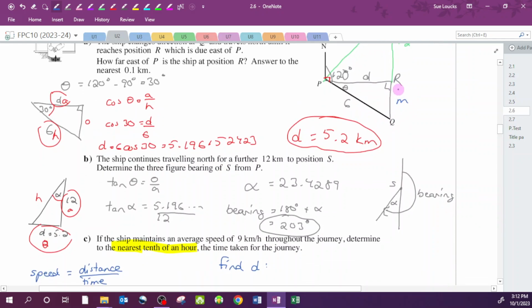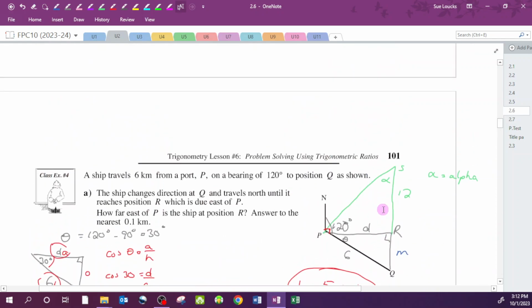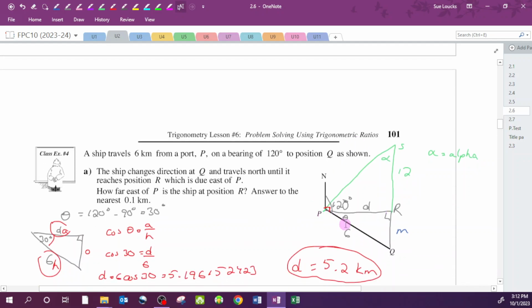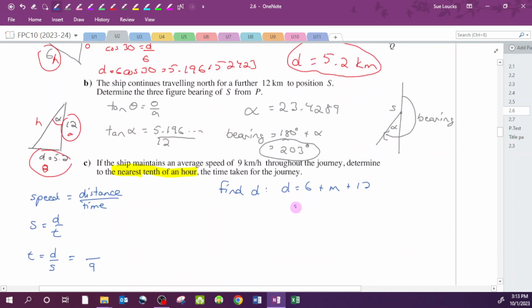I'm just going to call that M. So D is going to be 6 plus M plus 12, right? That's how far the ship has traveled. It goes 6 and then it goes M, and I don't know what that is yet, and then it goes 12. Okay, so I need to find M.